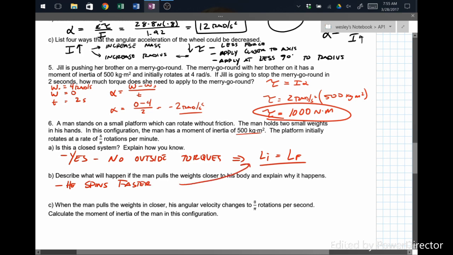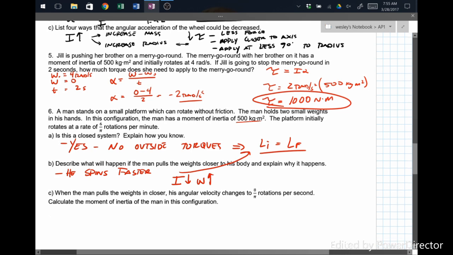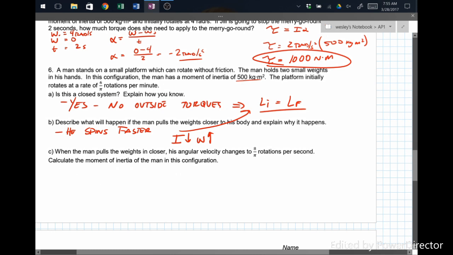Again, angular momentum is going to be conserved. He spins faster because as he pulls the weights closer to his body, his rotational inertia goes down, so his angular speed has to go up. So he's actually going to do it. We have that change in angular speed, so L initial is equal to L final.